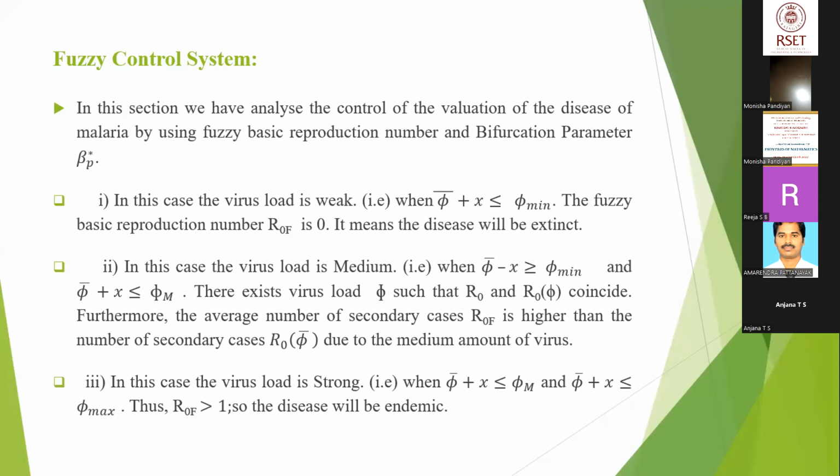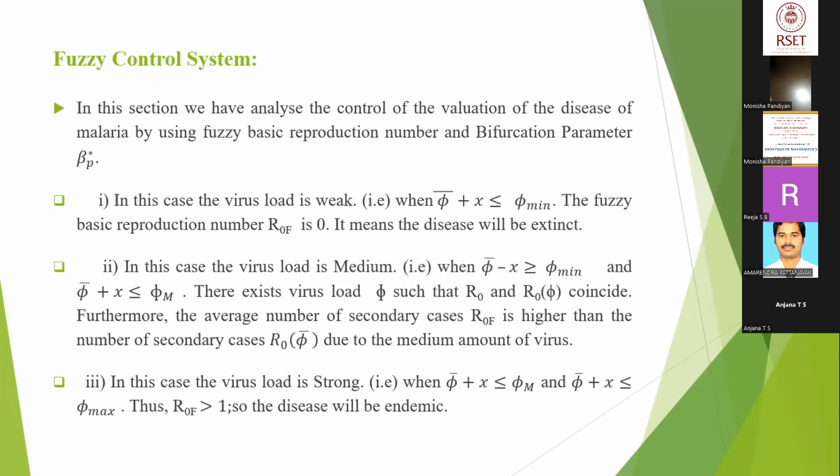So next one, the fuzzy control system. In this section we control the disease of malaria by using fuzzy numbers and bifurcation parameters. In the first case, the virus load is low, so the disease transmission will be weak. So to conclude, the disease will be easy to control.